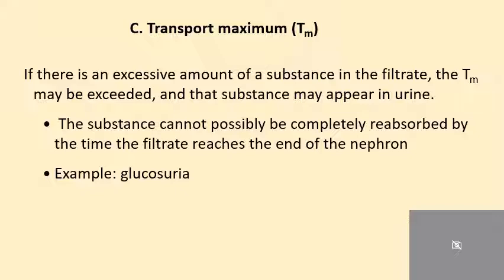The cells that make up the walls of the renal tubules might be working as hard as they possibly can to reabsorb that substance, and there's simply too much to be reabsorbed. We've exceeded our transport maximum. An example of this is when glucose ends up in the urine, a condition known as glucosuria.